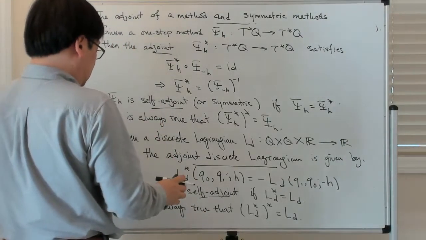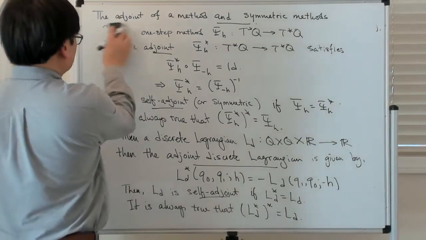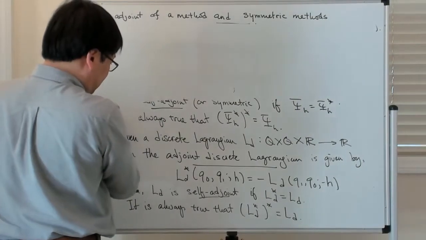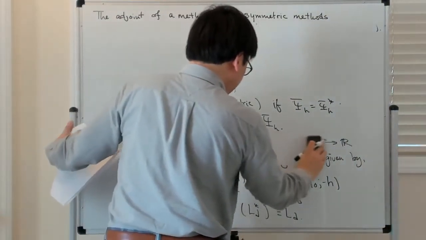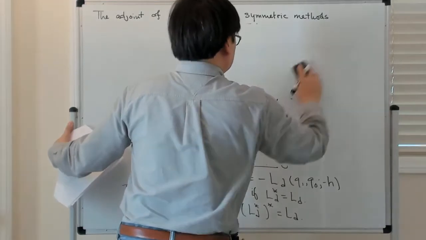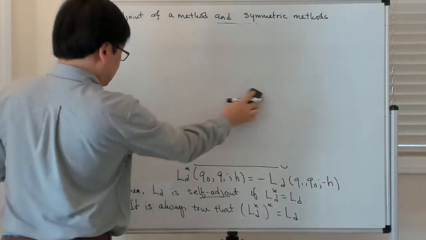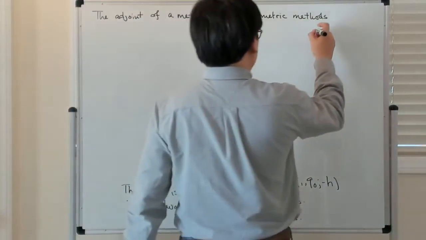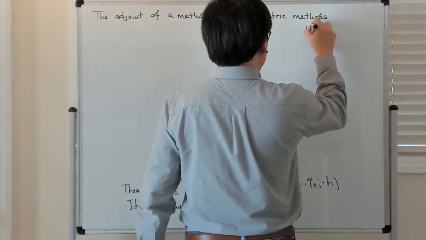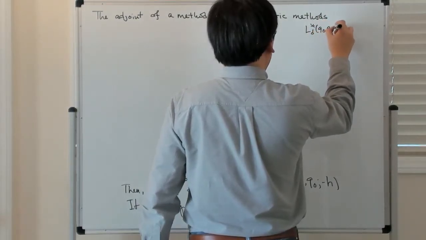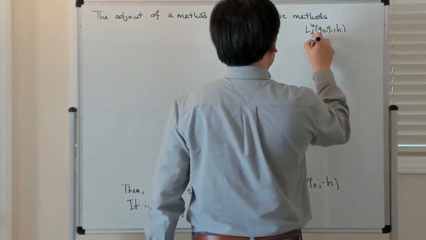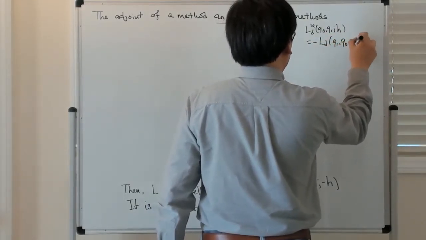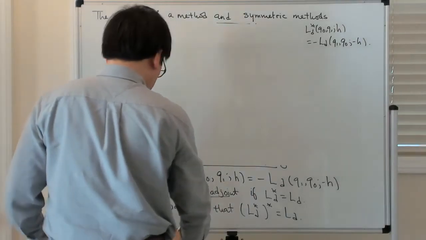I'm going to erase most of this and just leave the definition of the adjoint discrete Lagrangian there for now, then we can get back to it. Maybe I'll write it here in the corner: LD star (Q0, Q1, H) is equal to minus LD (Q1, Q0, minus H).